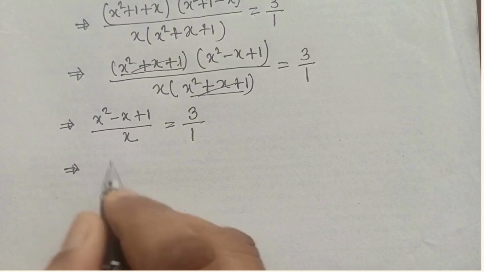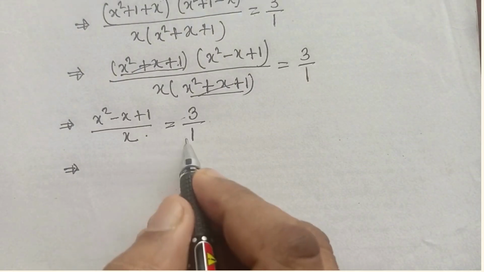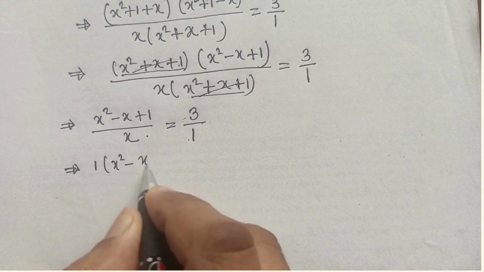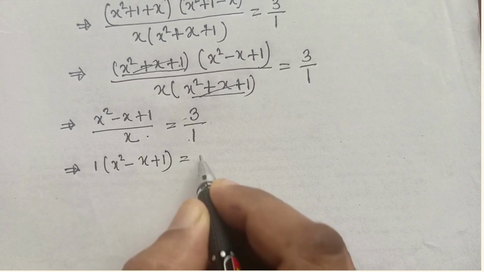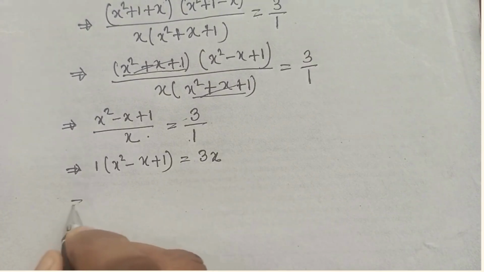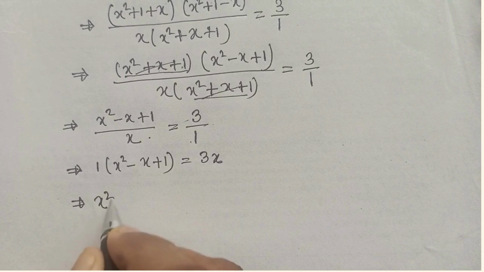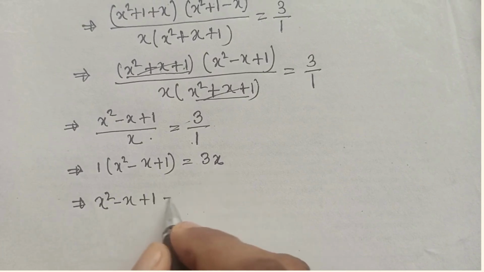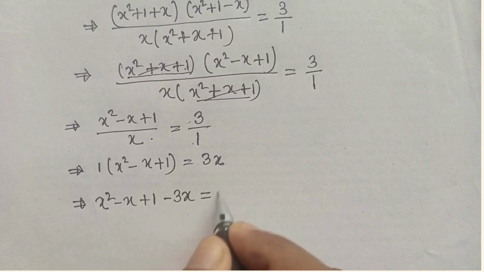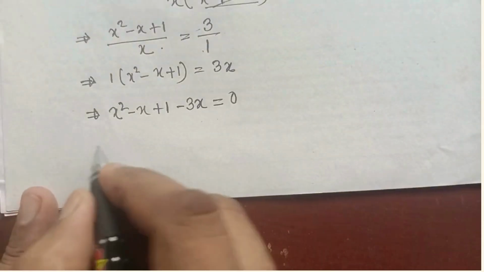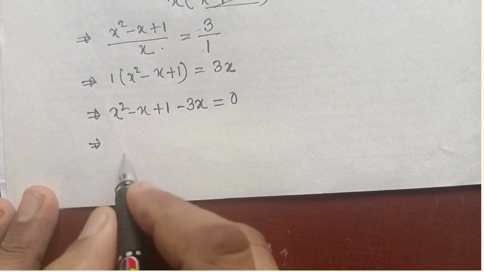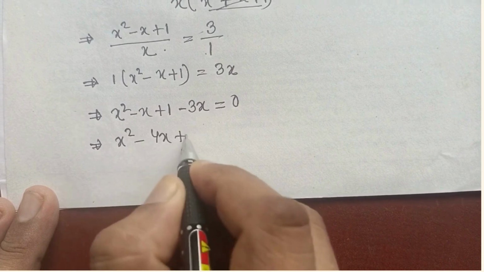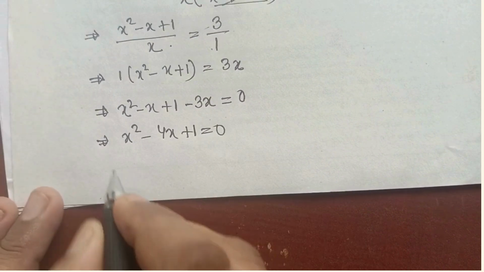So if we multiply that by x, the expression becomes x^2 - x + 1 = 3x. Moving this 3x to the left hand side, the equation becomes x^2 - 4x + 1 = 0.